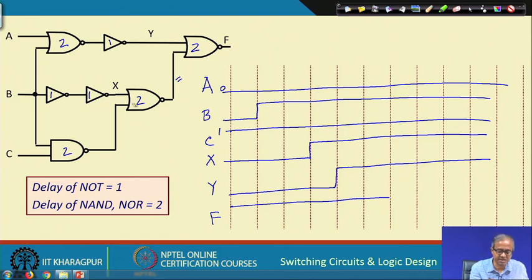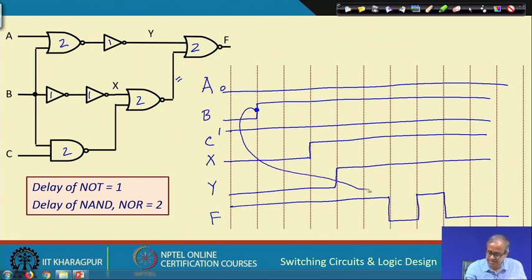B is changing, like this. So, the first edge will be because of this transition in B, you show it like this with an arrow.